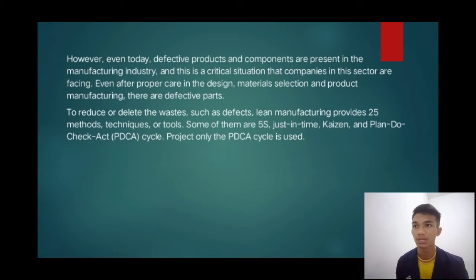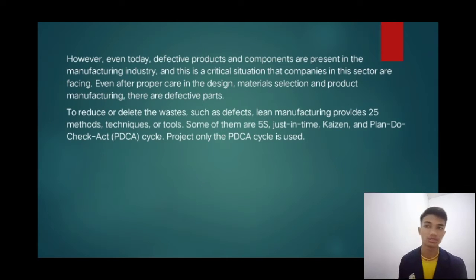However, even today, defective products and components are present in the manufacturing industry, and this is a critical situation that companies in this sector are facing. Even after proper care in the design, material selection, and product manufacturing, there are defective parts.